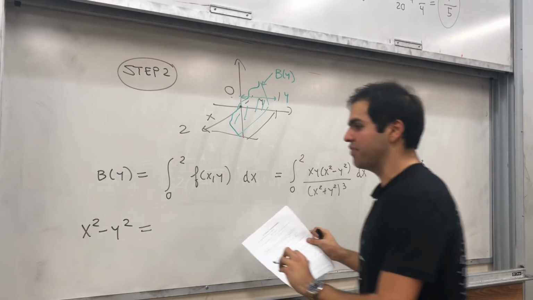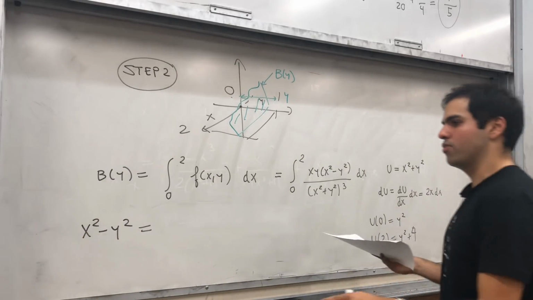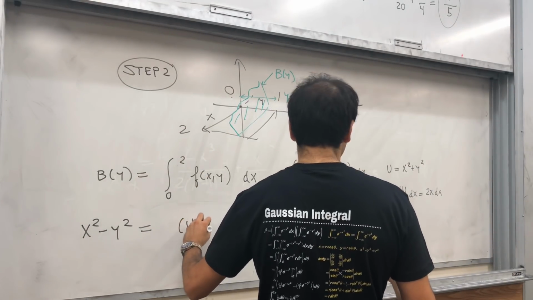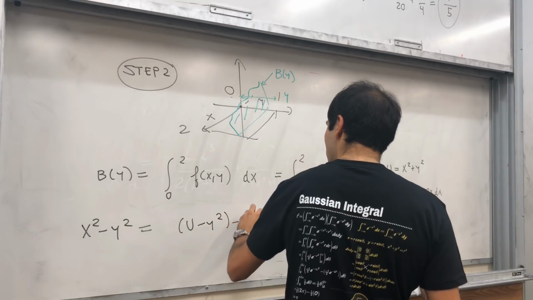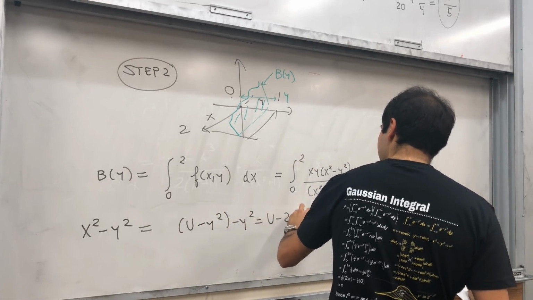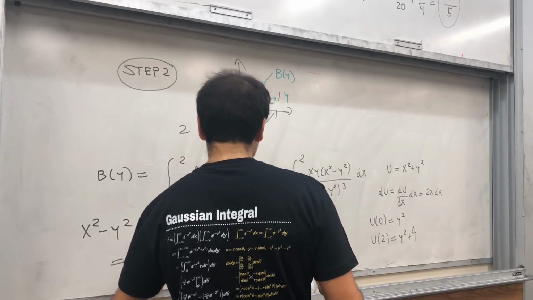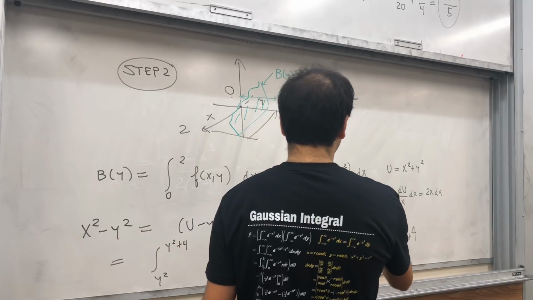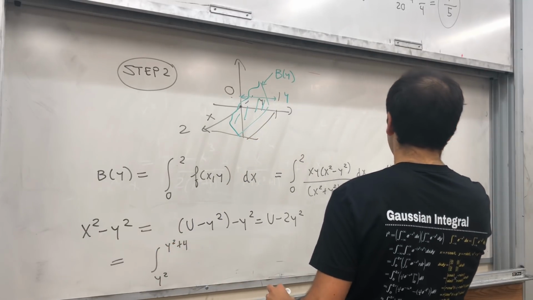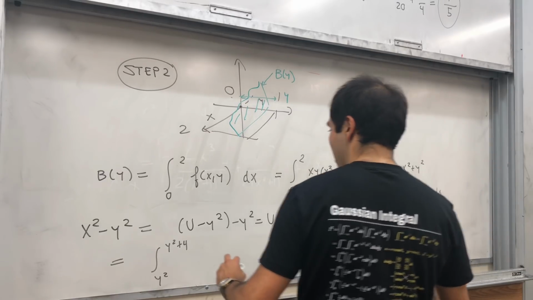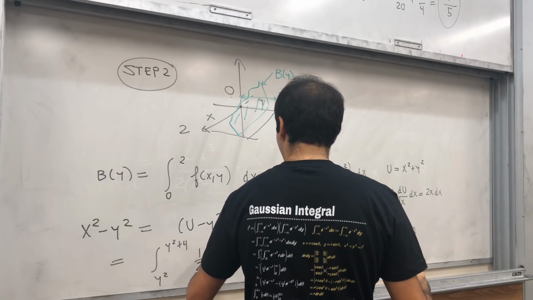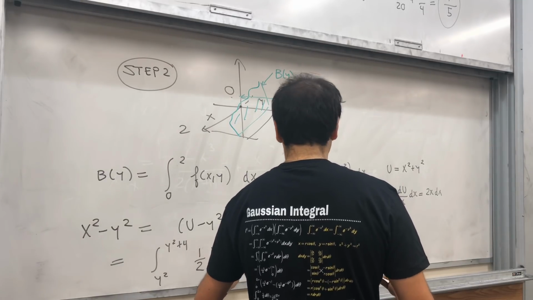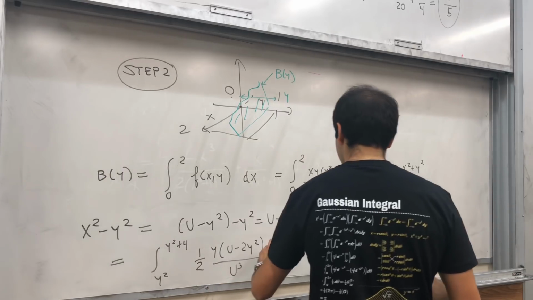Before we solved this in terms of x, but now we want to solve this in terms of y, and so x squared becomes u minus y squared, so x squared minus y squared is u minus 2y squared. And so in the end, this integral becomes the integral from y squared to y squared plus 4 of, so 2x dx is du, x dx is 1/2 du, so 1/2 y times (u minus 2y squared) over u cubed, and then du.